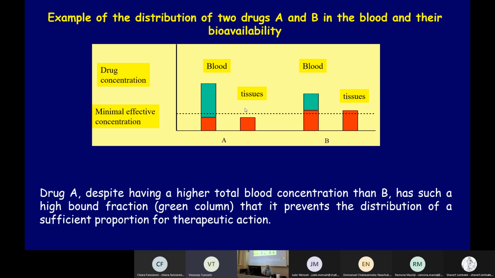And a lot of drugs remain bound in a too strong way. We have a big concentration of drug bound to the proteins, and we do not observe any therapeutic effects. So we can have high bioavailability but low therapeutic effect. This is the result.